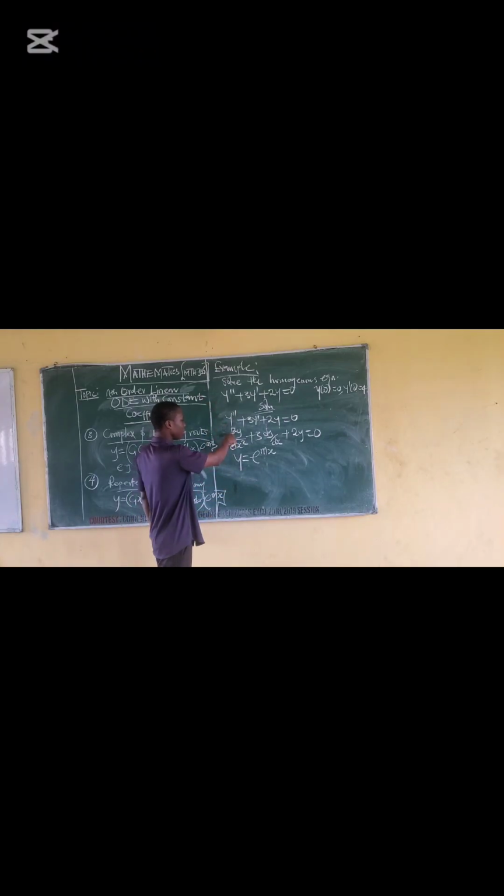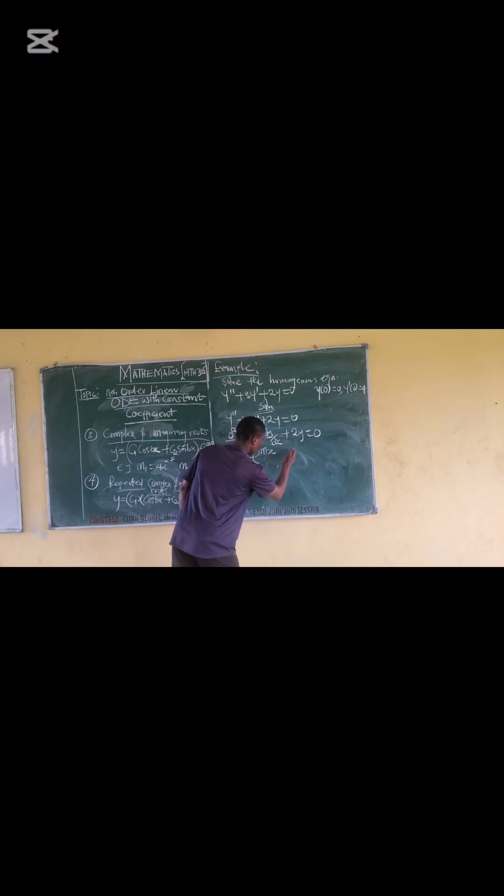All right, so this is d squared y over dx squared. So this is y with respect to x; in this case, y is a function of x. So I'm going to look for dy over dx. From this expression, the idea is very simple in differentiating an exponential function.